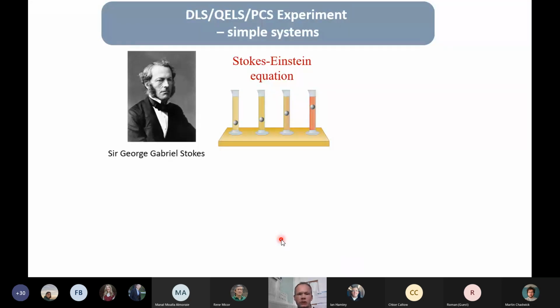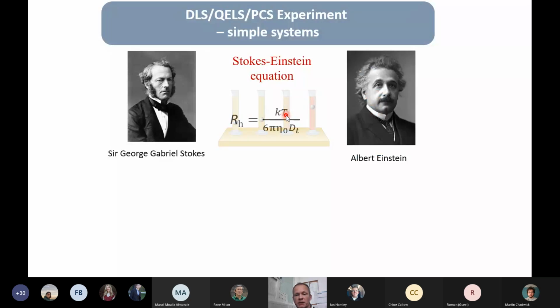The first answer to this question was given by Sir George Gabriel Stokes, who was making experiments with microscopic spheres that were falling down through some oils. He was making experiments with different sizes of these microscopic spheres and the viscosity of oils, and his experiments were mathematically generalized and explained by this guy. I think you know him.